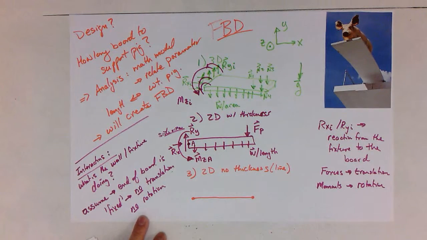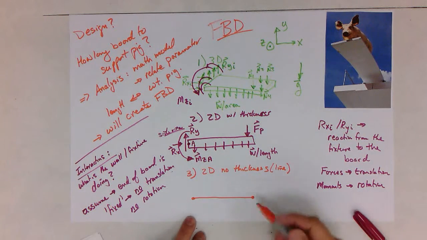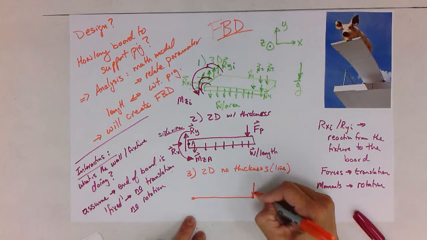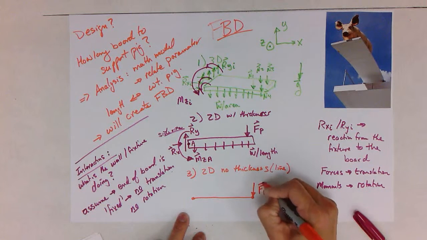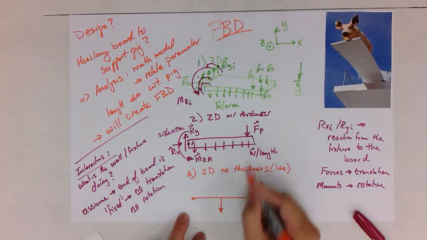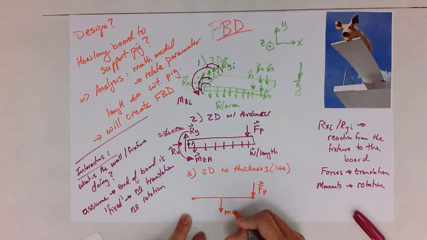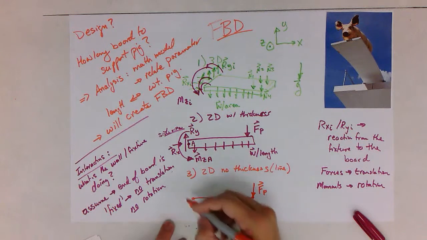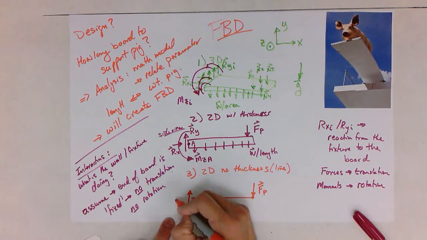It's a single moment. Now on my third free body diagram, which I don't consider the thickness, I'm going to maintain this force here. Here's a single force of the pig. In this case, I'm going to collect all the distributed weight force and apply it in just one location on this board. And then I'll retain these forces as well.